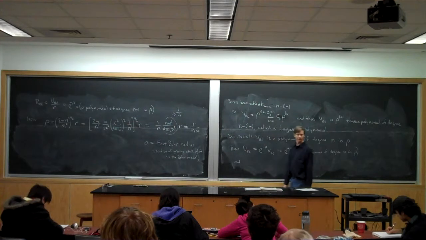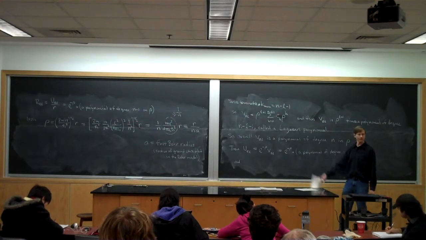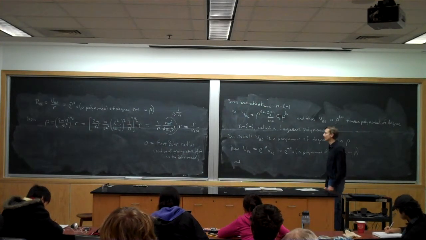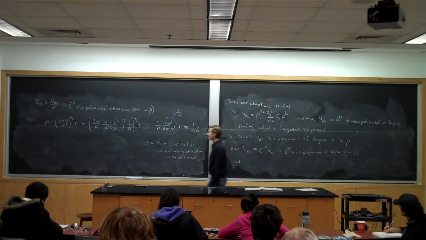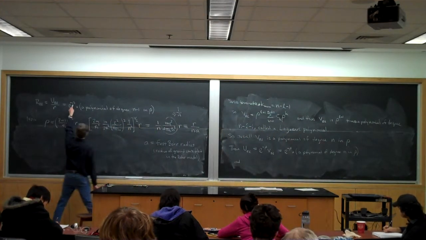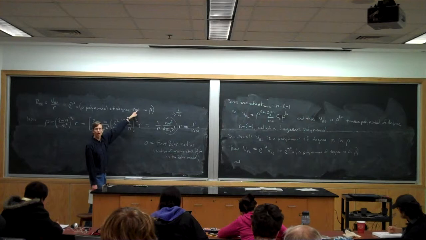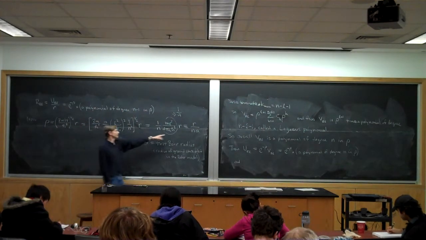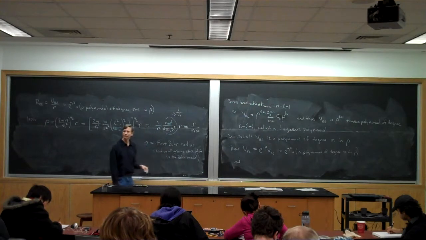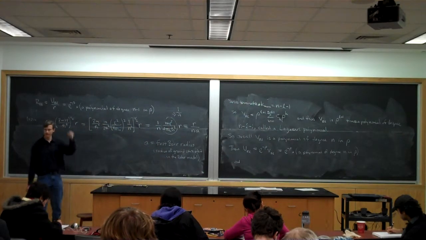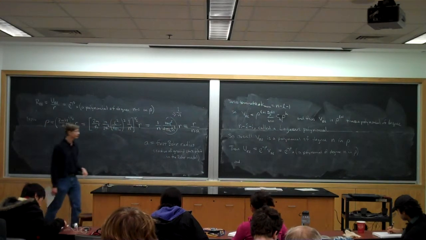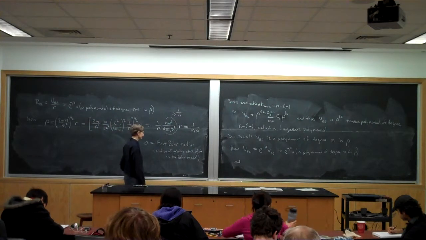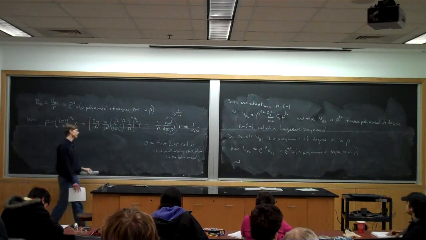It shows up in our expressions for the wave functions of the hydrogen atom, because that exponential and the polynomials in rho times e to the minus rho involve r over n a, the Bohr radius times 1 over n, the principal quantum number.